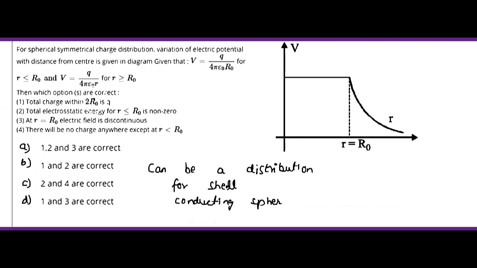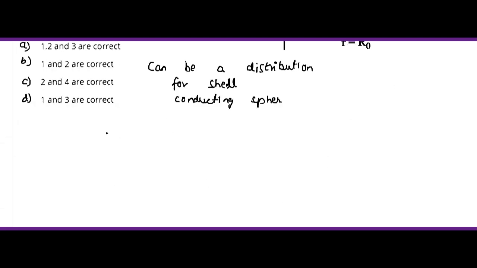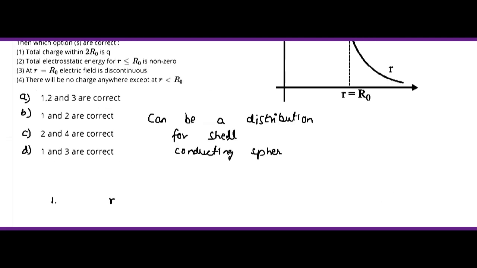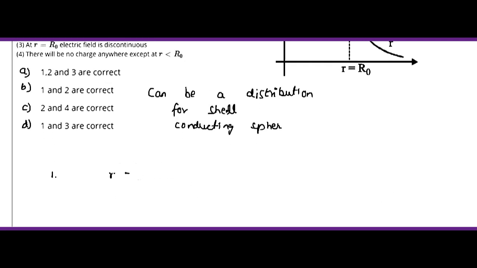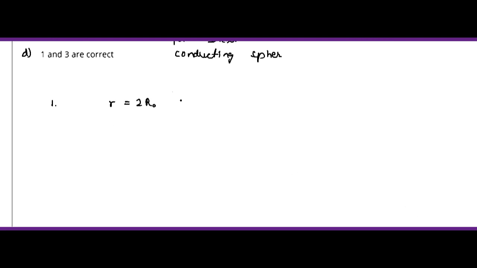Now we need to find which of the options is correct. The first statement says the total charge within a radius of 2 R naught is Q. Is this right or wrong? This statement is true. Why?